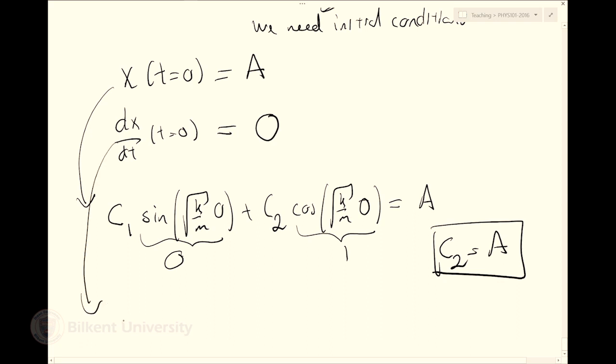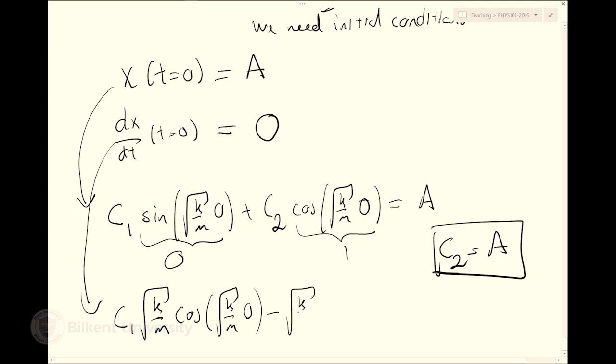When I take a derivative, c1 omega times cosine square root of k over m times 0 minus c2 omega sine square root of k over m times 0 is 0.